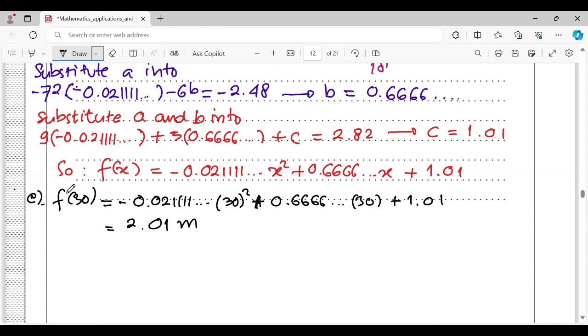Okay, so our conclusion is that the discus goes over the wall.